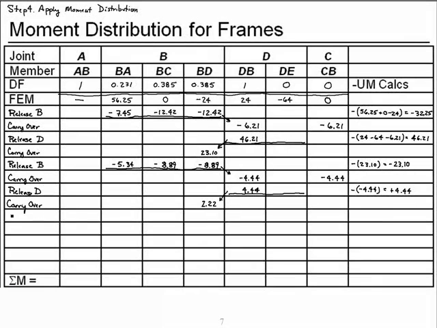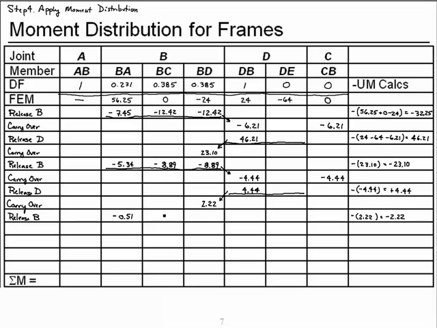And now we release node B, have a minus the 2.22 foot kips, which gives me a negative 2.22 foot kips to distribute, and I take that quantity times the 0.231, and we distribute a negative 0.51 foot kips to member BA.